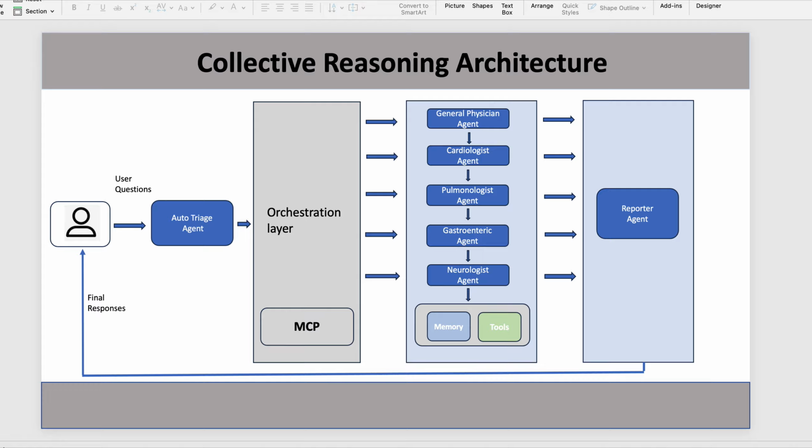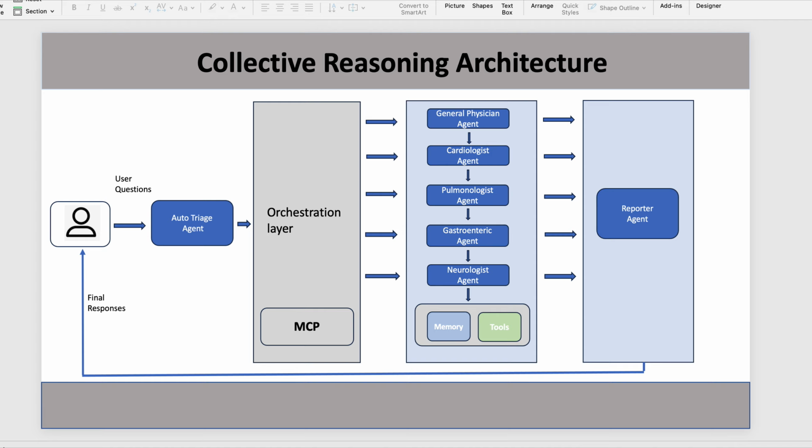The next one is the orchestration layer. This is a traffic controller that decides which specialist doctor should look at the question. It uses MCP, Model Context Protocol, as a common language so all agents can easily connect to the tools and information they need.